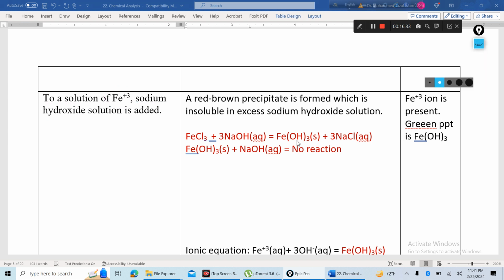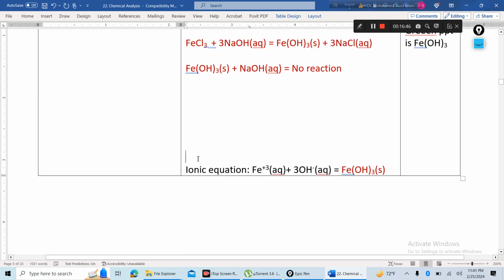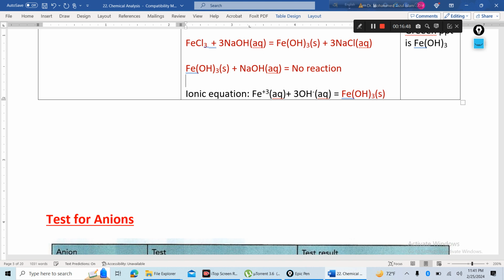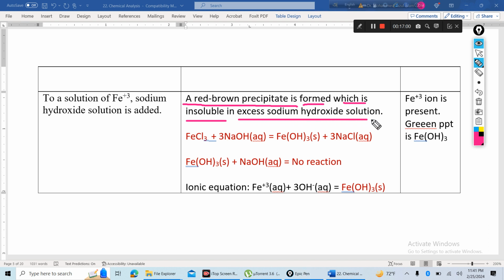Then a red precipitate is formed which is insoluble in excess sodium hydroxide solution.